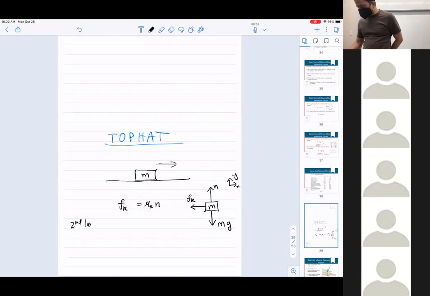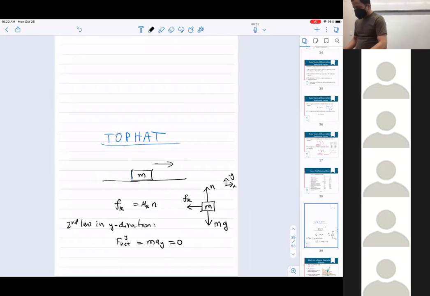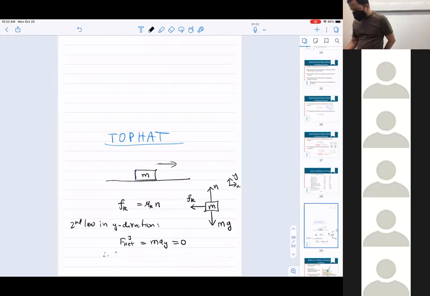Newton's second law in the y direction tells you that F net in the y direction, equaling mass times a_y, is zero, because a_y is zero. And here the net force is N minus mg, which has to equal zero. Therefore, N is equal to mg.